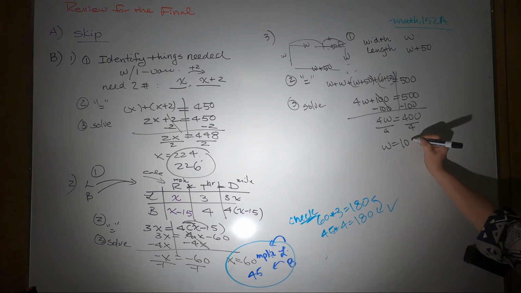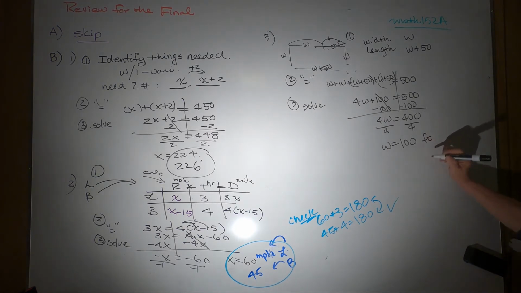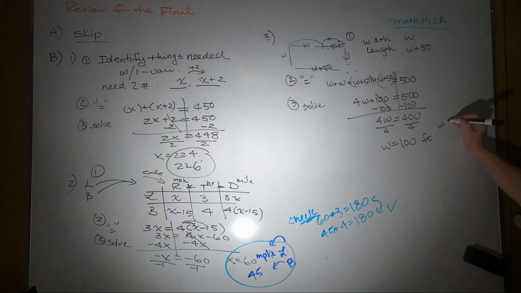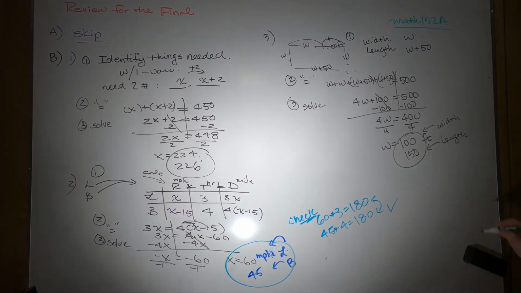W is 100. You need to describe 100 of what? Not dollars. Feet for the width, right? Then it also asks what's the length. Length is 50 feet more. That would be 150 feet, right?